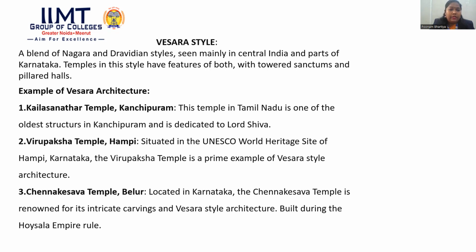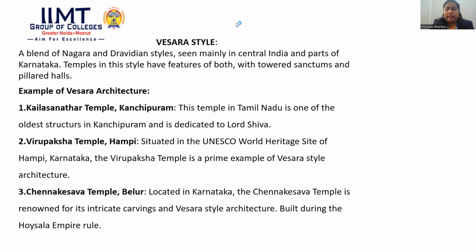Next is Chennaka Seva Temple. Chennaka Seva Temple is in Vellore and located in Karnataka. It is renowned for its intricate carving and bizarre style of architecture built during the Hoysala Empire.